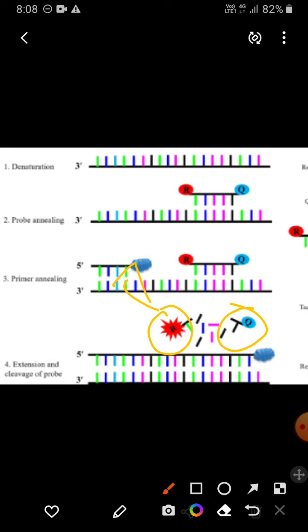Now this signal will be measured by a standard fluorescence measurement instrument, and this fluorescence signal will provide us information about the generation of the newly synthesized strand.